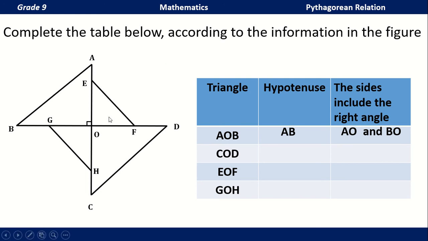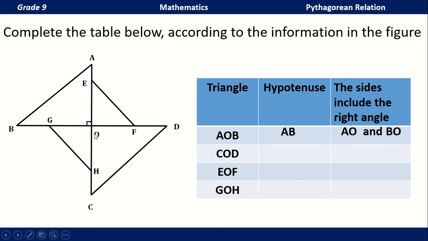Next, the second triangle is COD. The COD triangle is a right angled triangle, but you may see that the angle is not mentioned here. But you know that angle COD is vertically opposite to angle AOB. From your previous knowledge, vertically opposite angles are equal.